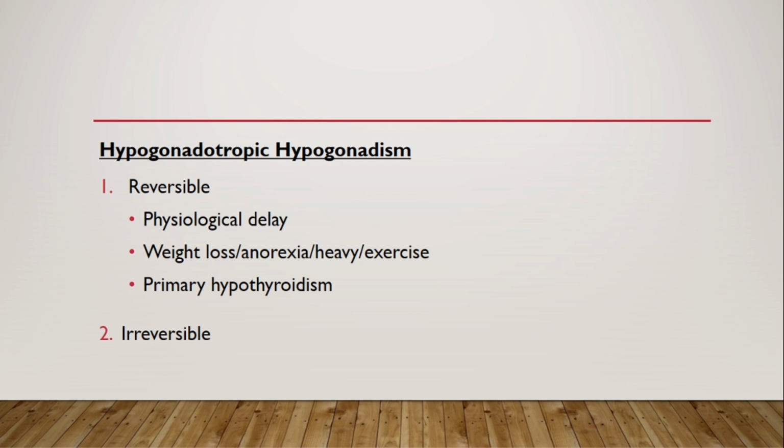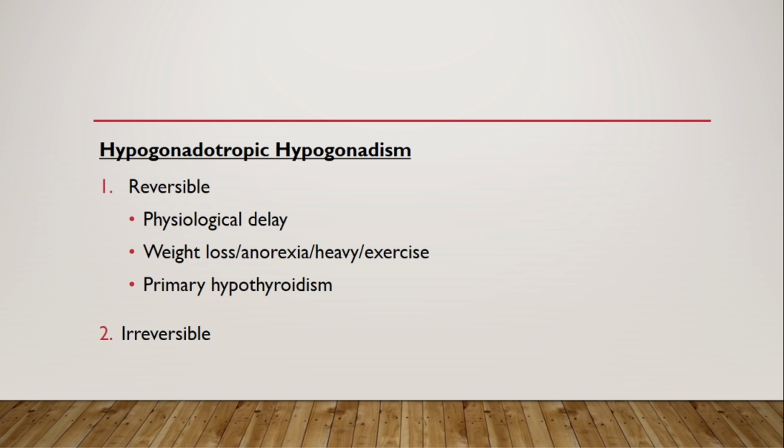The second category of patients with primary amenorrhea in terms of classification are those people that have hypogonadotropic hypogonadism.